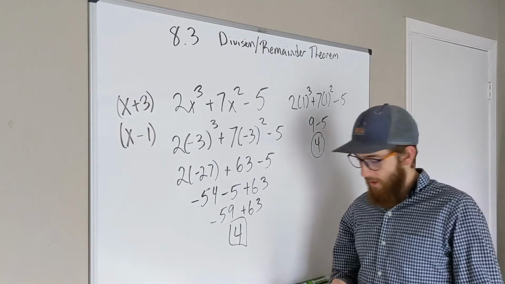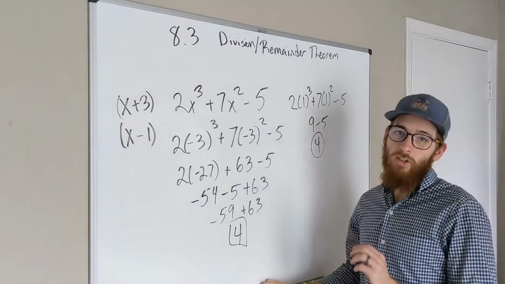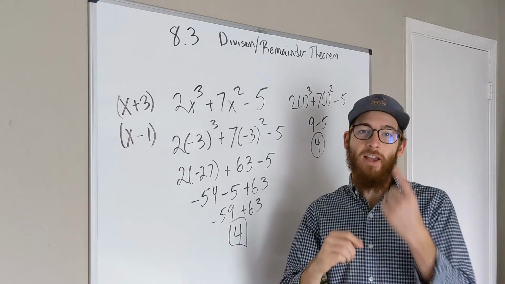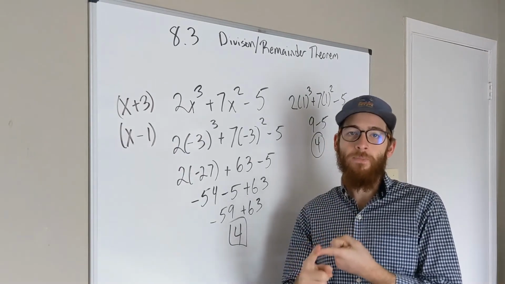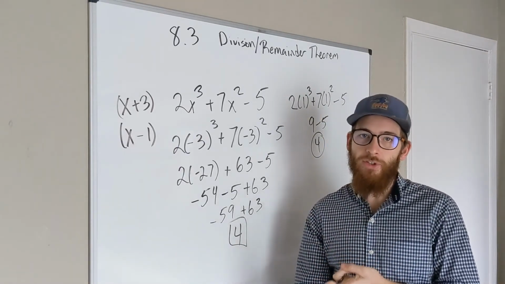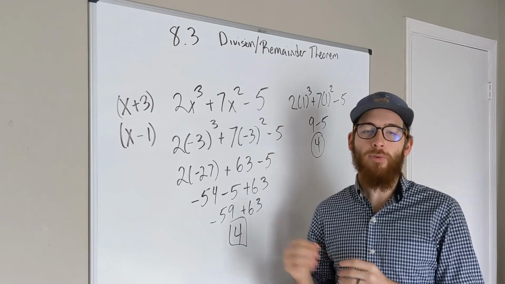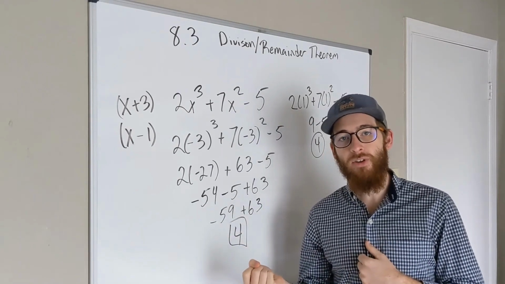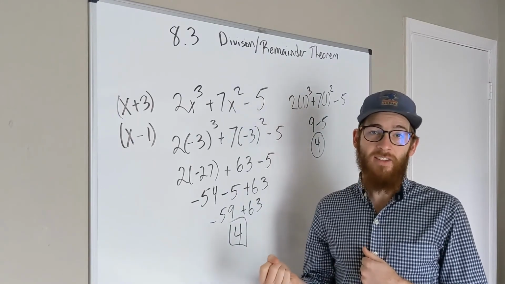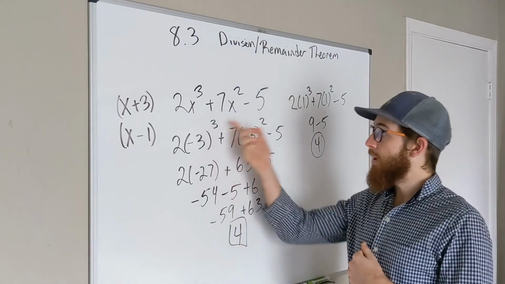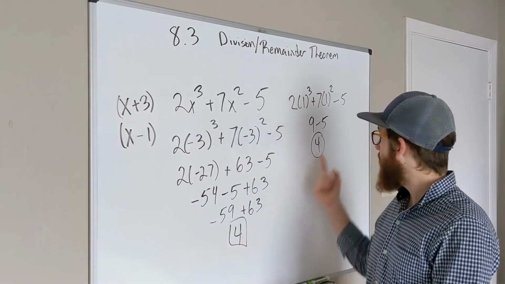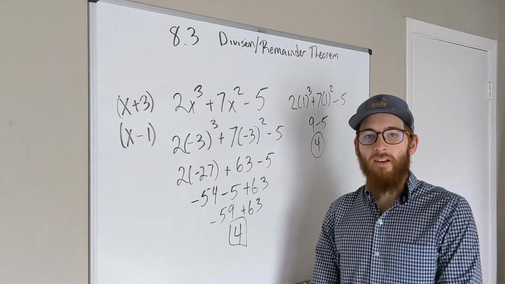So in this section, all we're doing is either plugging in the values or using synthetic division to see if we get 0. If we don't get 0 for the remainder in the synthetic division, then it is not a factor. If I plug them in and I get a number other than 0, it is not a factor.